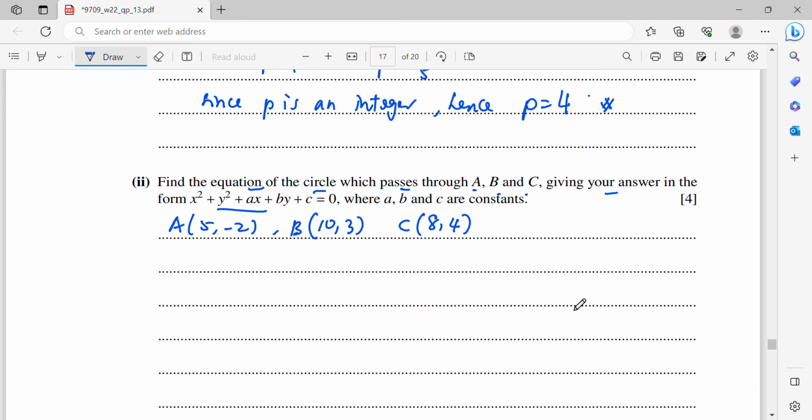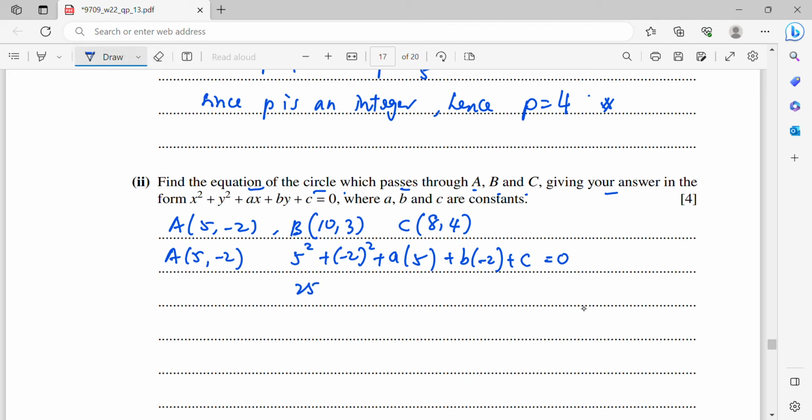To get the equation of the circle in this form, you may just substitute all the points into this equation and solve the simultaneous equations. For A (5, -2), I substitute into this. x squared means 5 squared plus (-2) squared, plus ax plus by plus c equals 0.